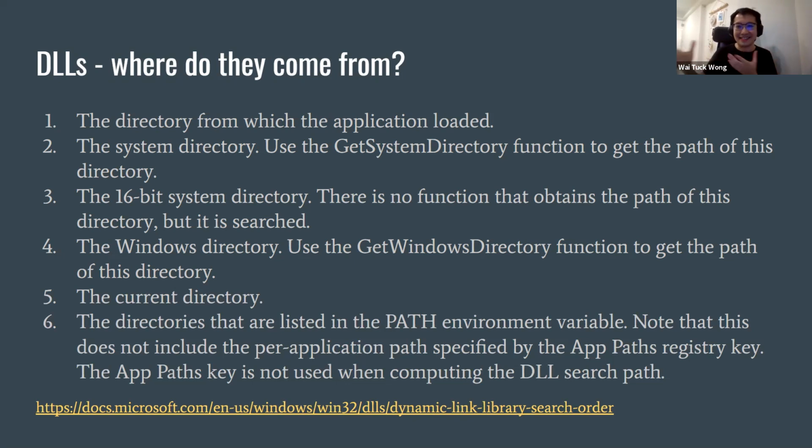The first one is the obvious one, right? Let's say you install Adobe Photoshop and you have a shortcut to Adobe Photoshop on your desktop. When you double click on that shortcut, you don't want it to load DLLs from your desktop. You want it to load from the actual installation path. So the first one where they get loaded from is the directory where the application is.